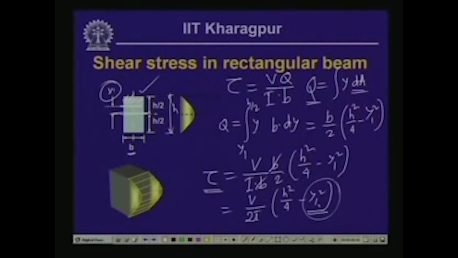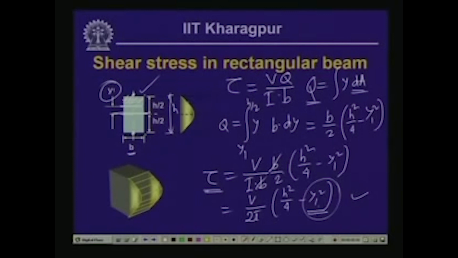When y1 is equal to 0, we get the maximum value of tau. That implies that at the neutral axis we get the maximum shearing stress, and as y1 becomes plus h by 2 or minus h by 2, the shearing stress becomes 0, and as we noticed earlier, at the top and the bottom of the beam the shearing stress is 0.